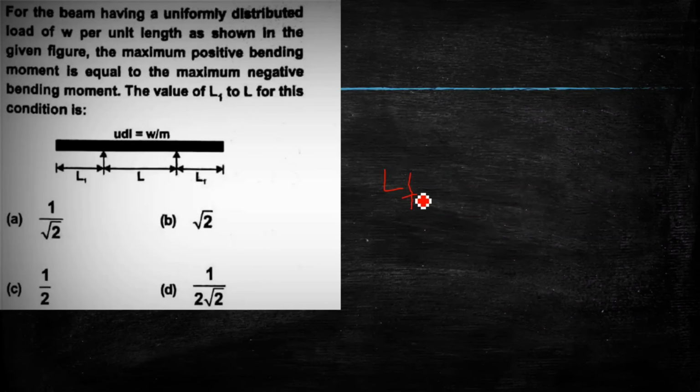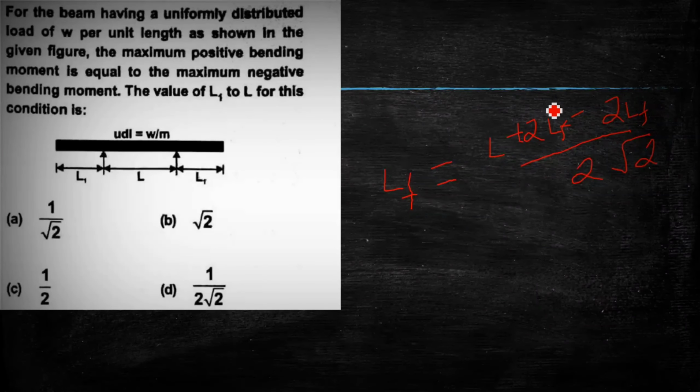LF from this question is equal to the total length, total length is L plus 2 LF minus 2 LF by 2 root 2.